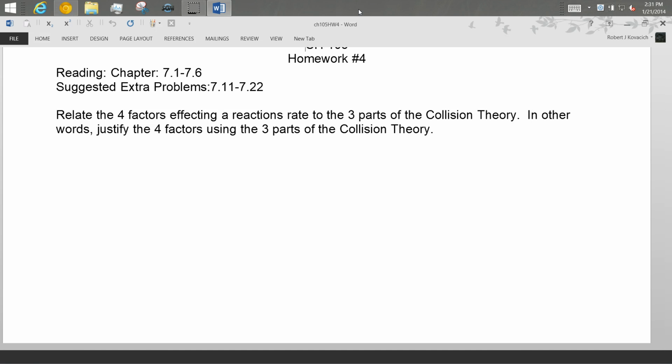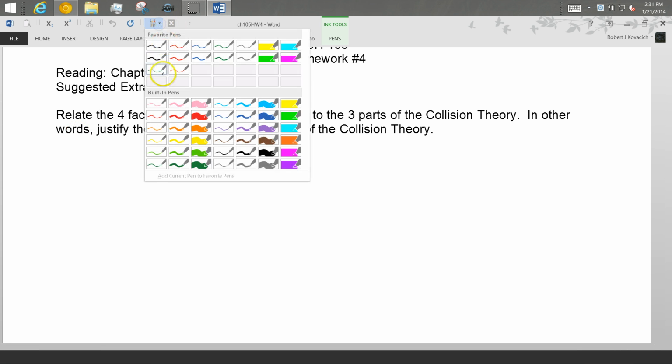Okay. So I want you guys to relate these four factors that affect the rate of a reaction to the collision theory. So the collision theory has those three parts, and what's the first factor that affects the rate of a reaction? It's state. Okay, so the state of the substance matters.